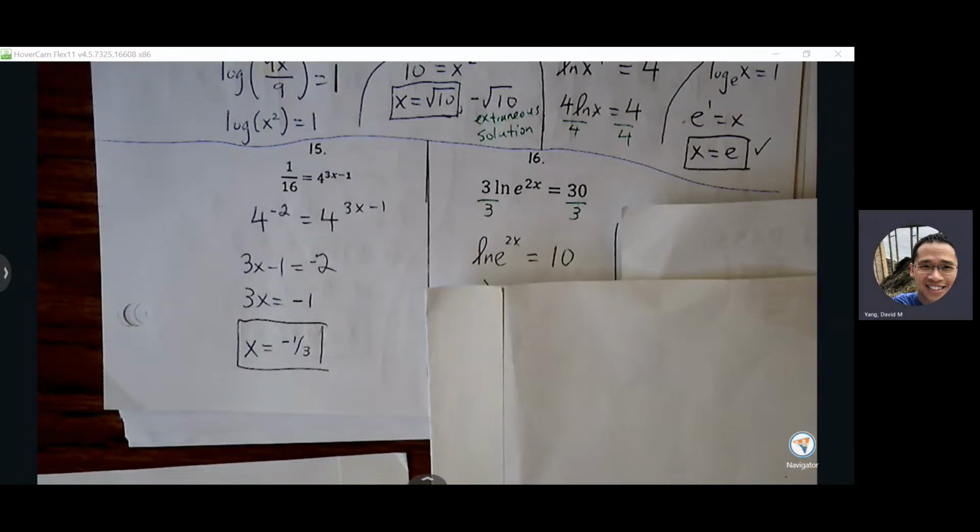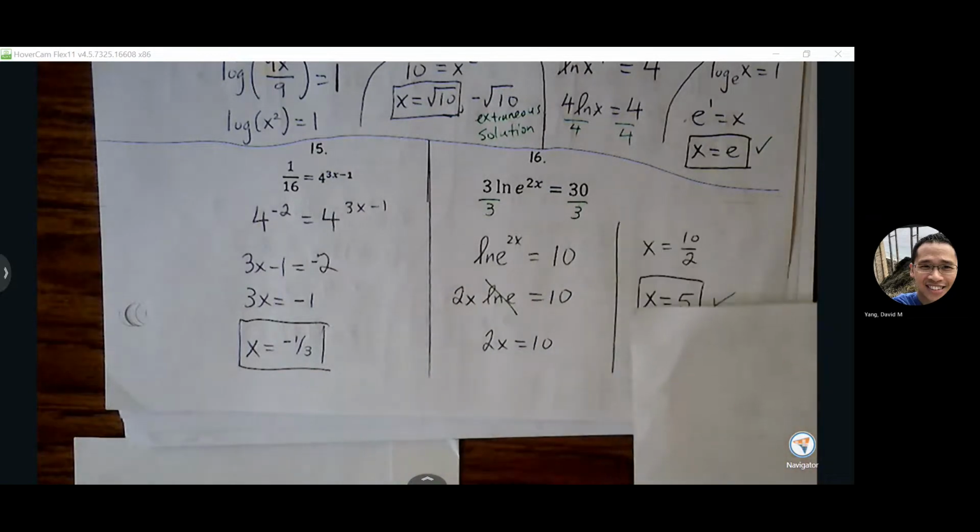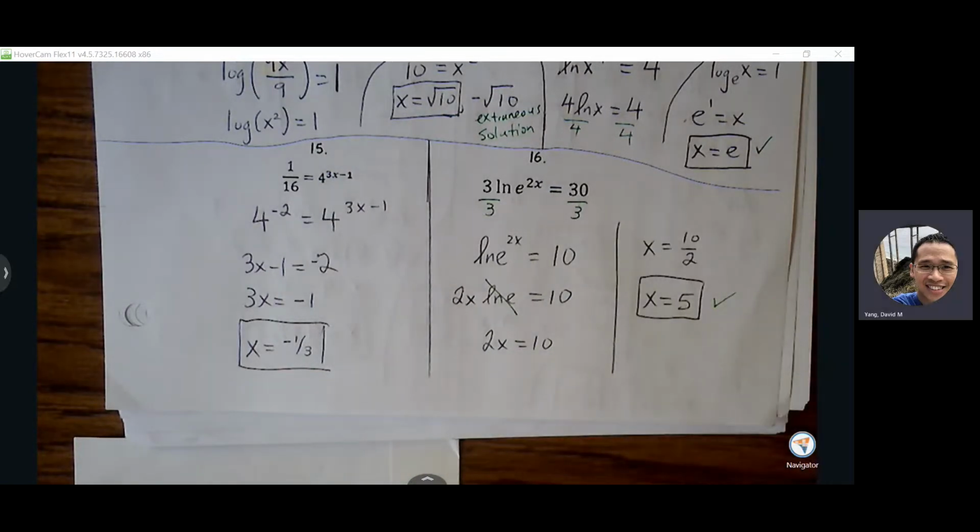Right, exponent comes down. Double check. 5 in for x. No issues.